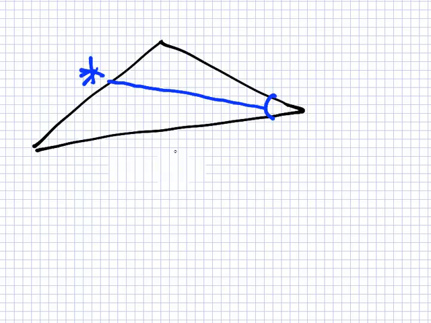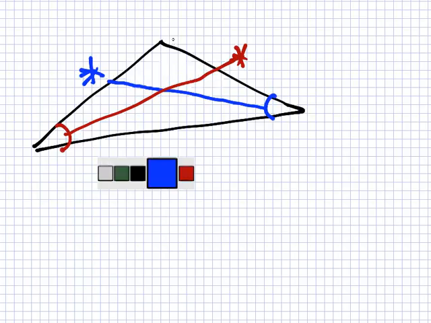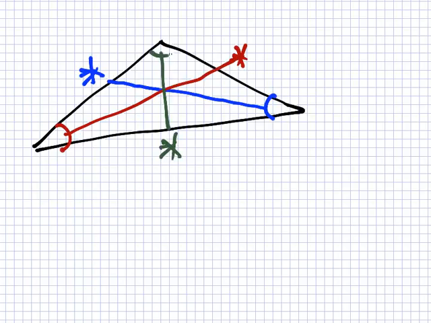So if we were to take this side and divide it by the sine of this angle, then it will be the same as the previous one. Or if we took this side and divided it by the sine of this angle, it's all the same. All those three calculations are the same.